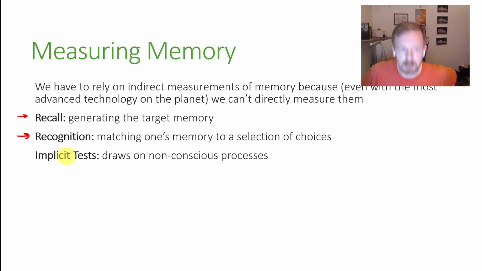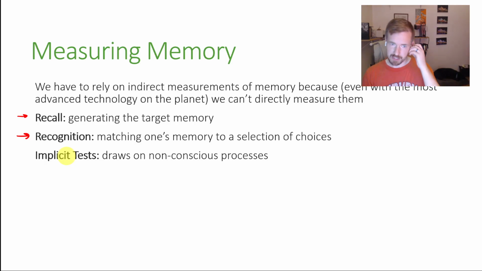So again, I'm going to give you examples for breakfast here, because let's just use your memory for breakfast for all of these different ways that we can ask about it. So if I gave you 2 flashcards, one that had a bowl of cereal and one that had eggs and bacon, and I asked you, which of these did you have for breakfast? That's an example of recognition, because what you're doing is you're matching your memory to one of those choices.